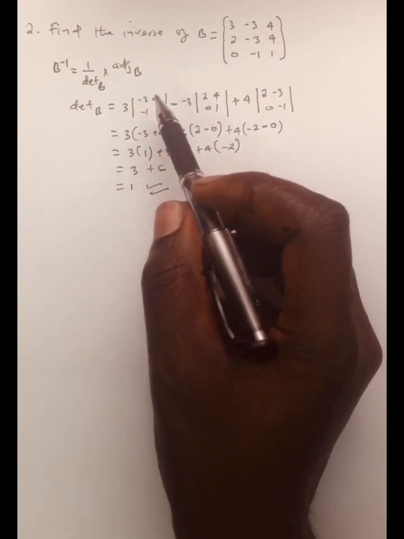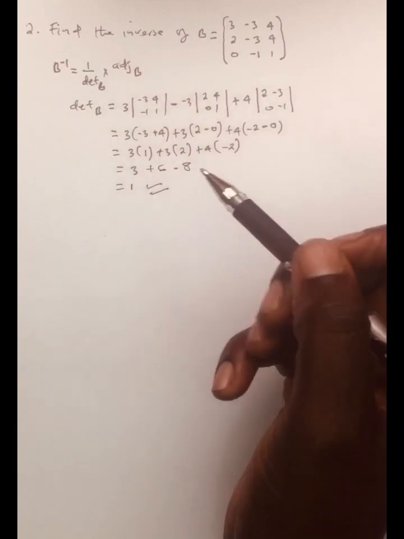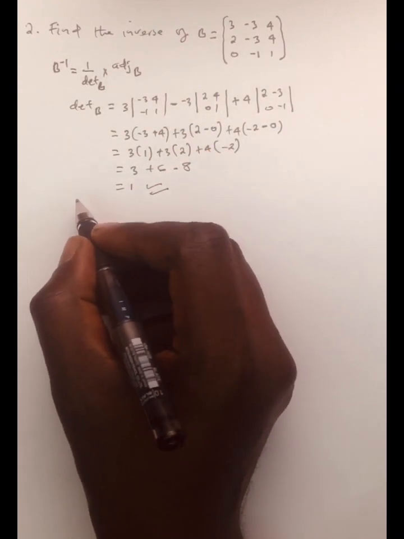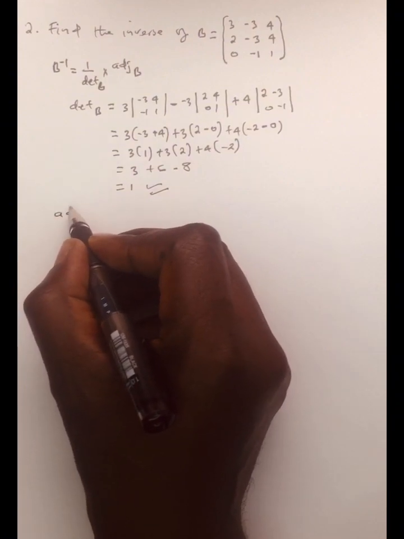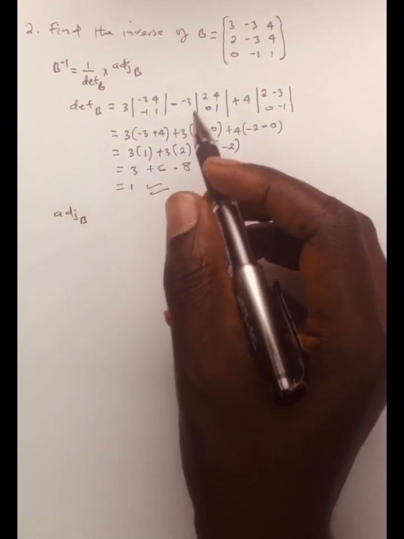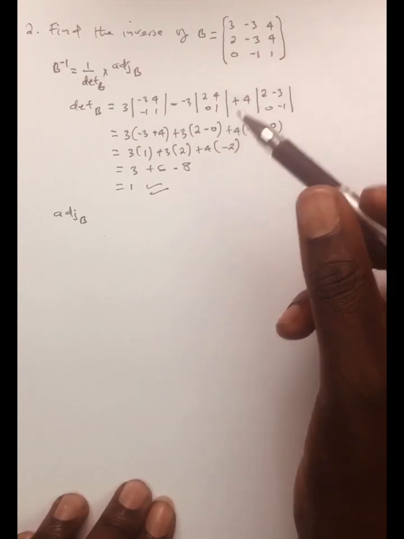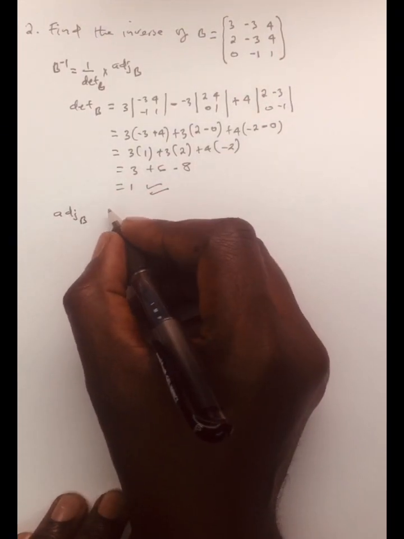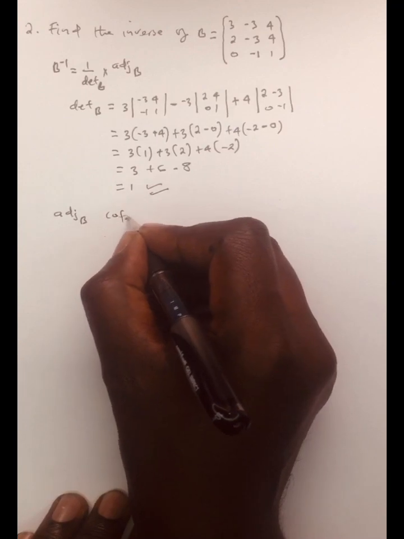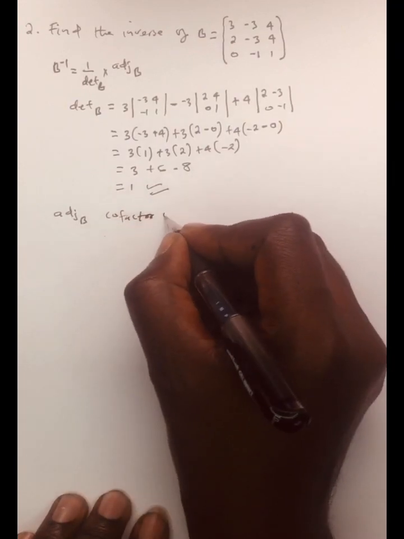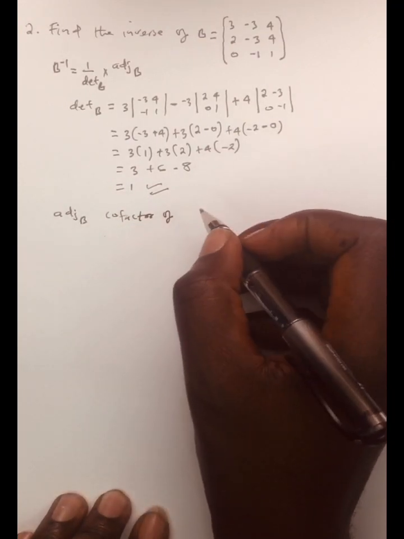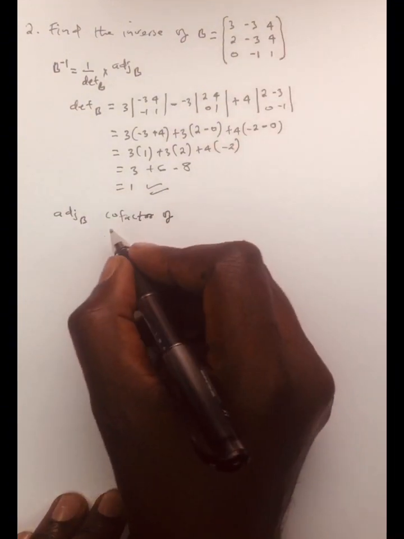So the next thing we need is the adjoint of B. For us to obtain the adjoint of B, we are going to look at the cofactors of all the elements in that particular matrix. So we are going to start with the cofactor of the first element. The first element is 3.